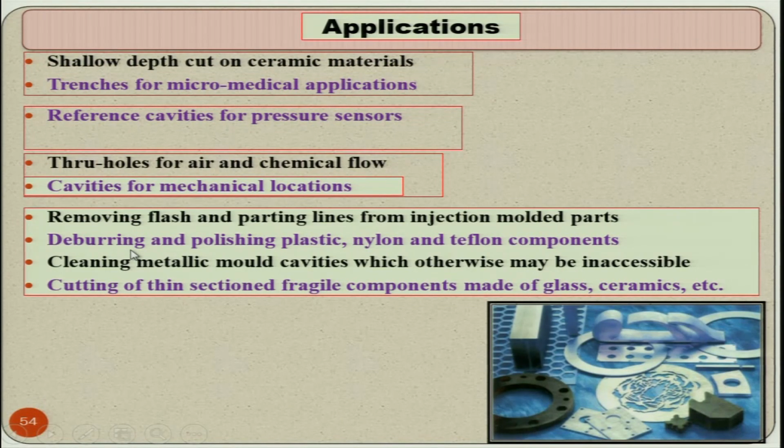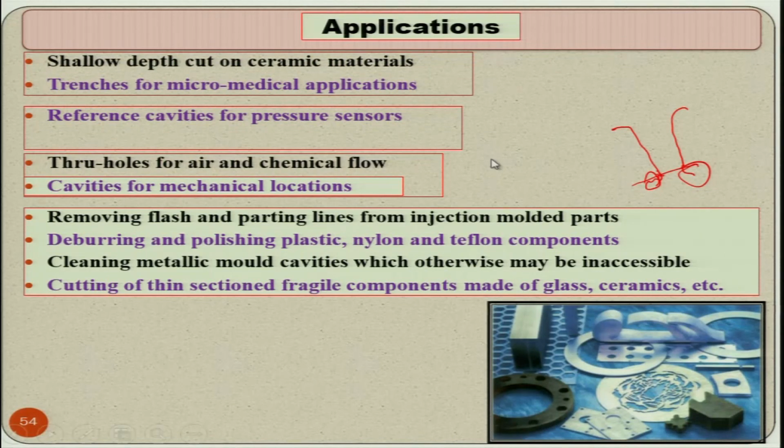Another very important application is deburring, as I mentioned earlier also. When you are drilling a through hole like this, then you will find that burrs are left over there, and with the burrs you cannot use this particular part unless you remove these burrs, and these burrs are many times micron in size.